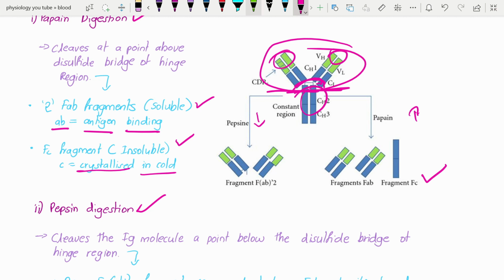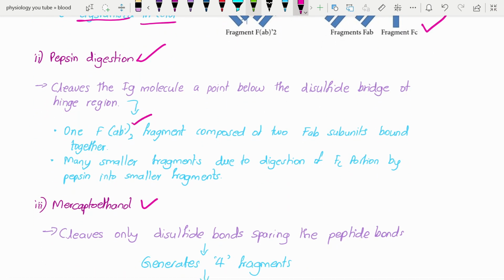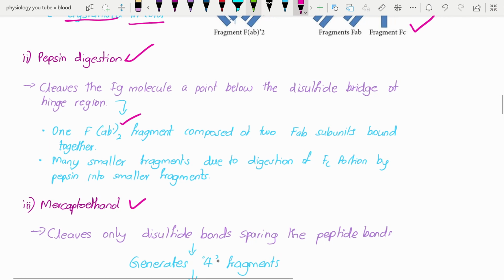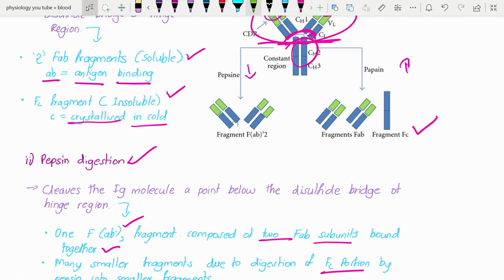So we will get two FAB fragments combined together as one. One F(ab')2 fragment is composed of two FAB units bound together, and so many smaller fragments due to the digestion of the FC portion by pepsin.